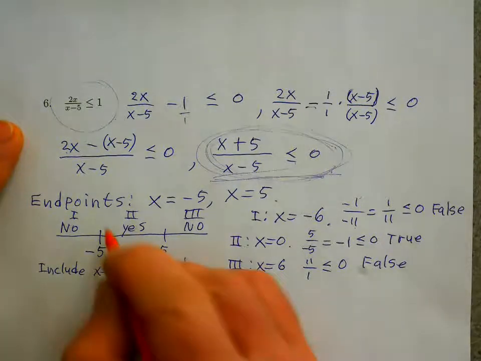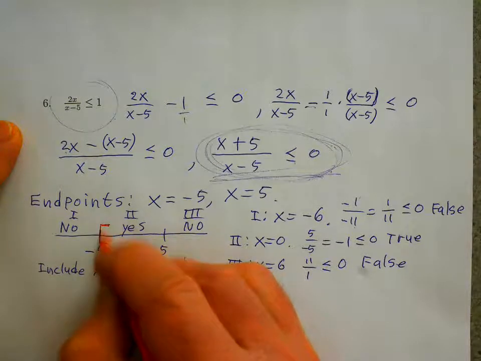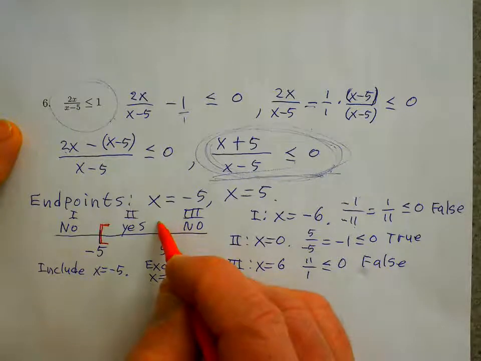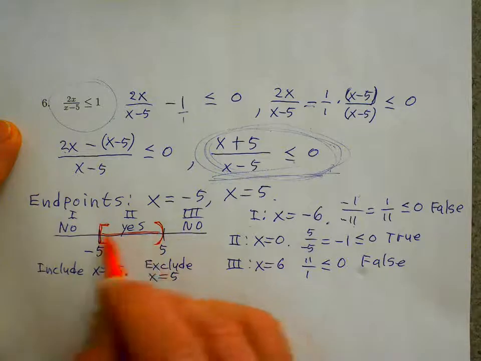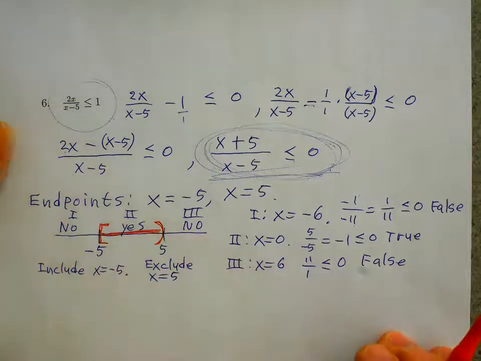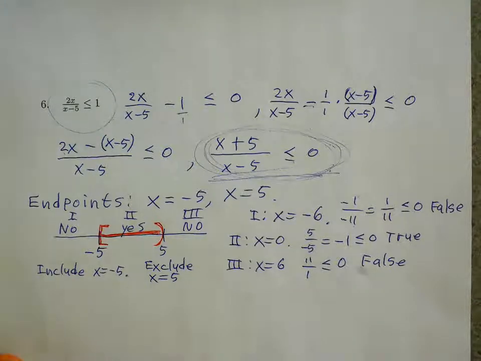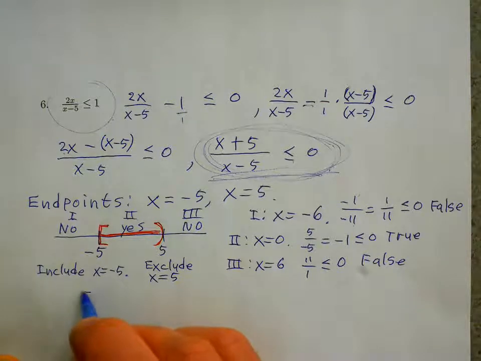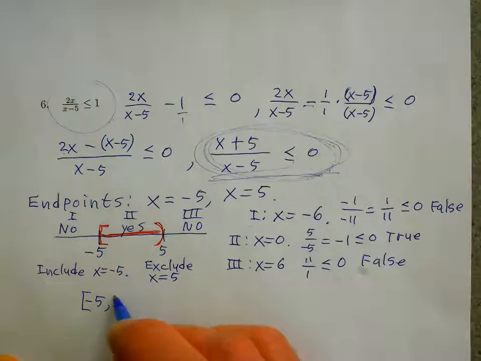Okay, so graphically we have a bracket at negative 5 opening to the right, a parenthesis at positive 5 opening to the left, and then shade everything else in between. The interval notation, bracket negative 5 comma positive 5 parenthesis.